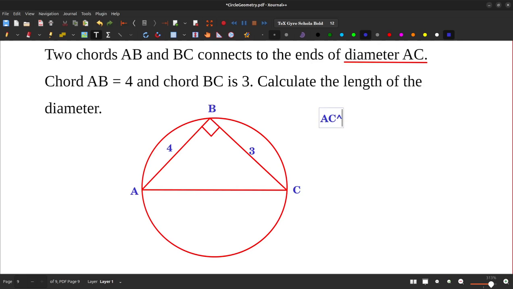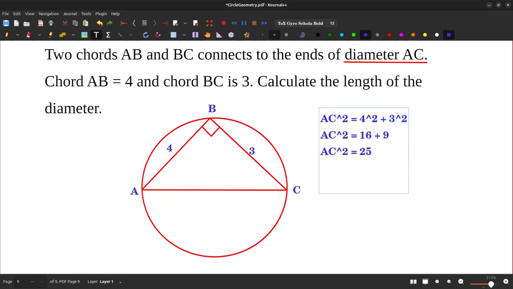So our AC squared is equals to the sum of the other two sides squared, which is 4 squared plus 3 squared. 4 squared is 16, 3 squared is 9. Then your AC squared is equals to 16 plus 9, that's 25.